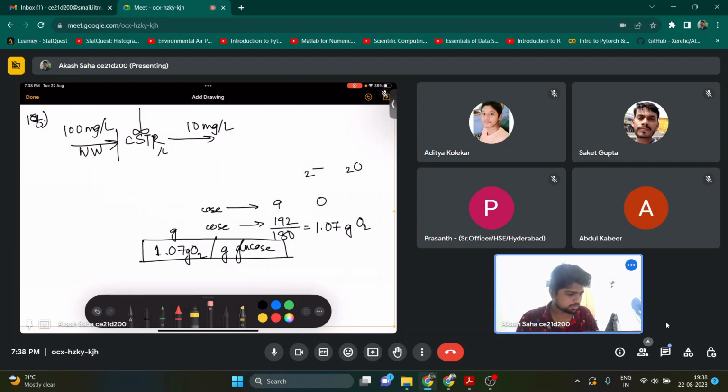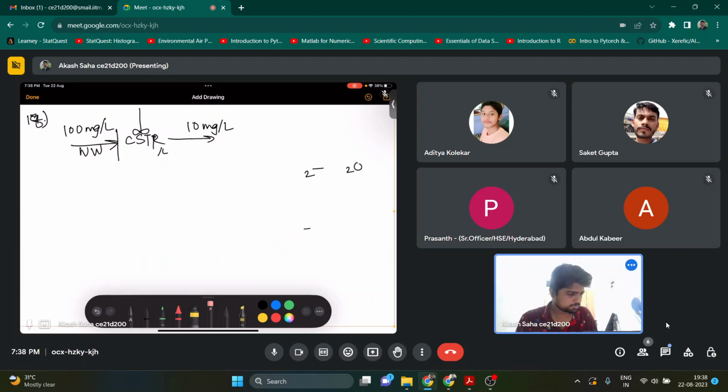Okay, so now let's see the next part. Now the total oxygen that is required to degrade from 100 to 10 will be equal to my total COD consumption, which is 1.07 into 100 minus 10, because influent is 100, effluent is 10.